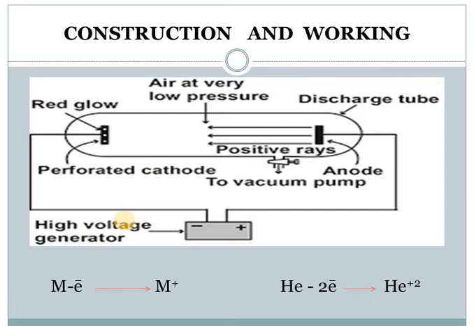Suppose we take helium gas and knock out electrons from it, that is helium minus 2 electrons. The leftover material would be He2+. That is, 2 electrons are lost and we are only left with the protons. So it is He2+. Girls, all this is very important from your short question point of view. Mostly it comes in your short questions.